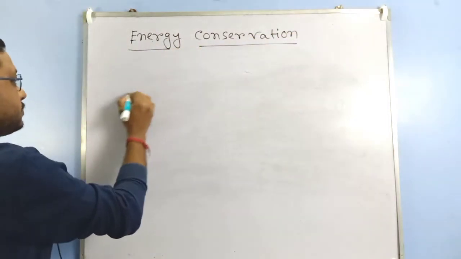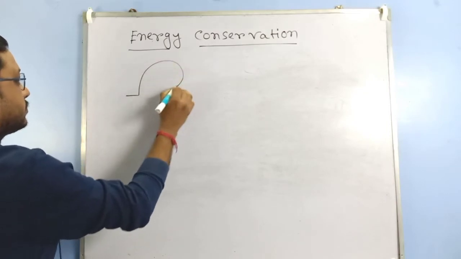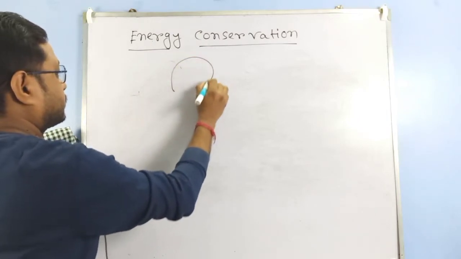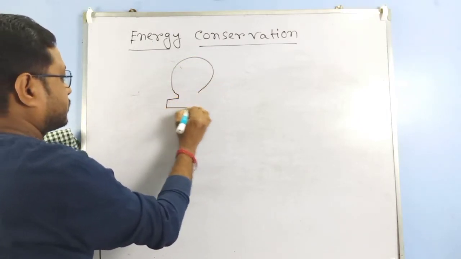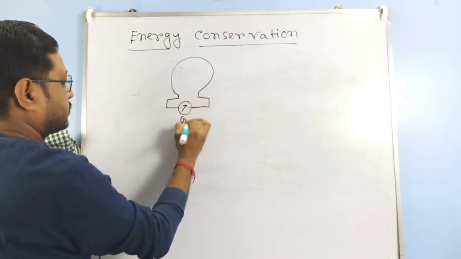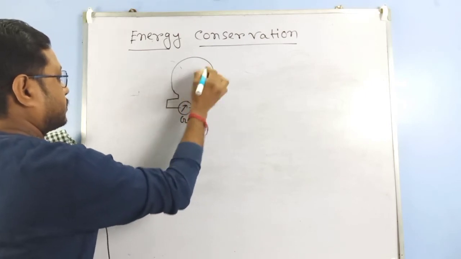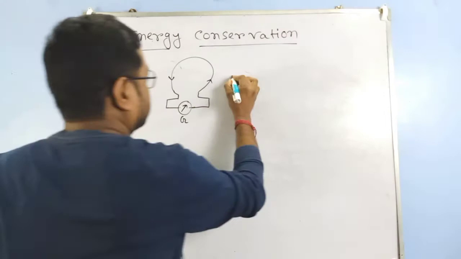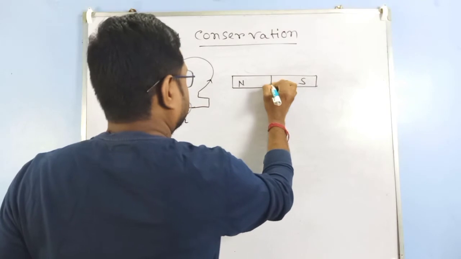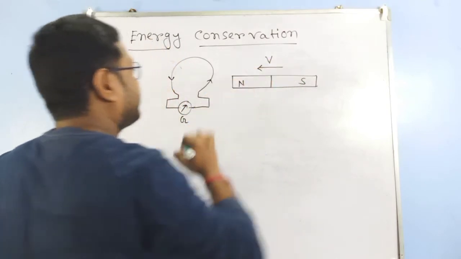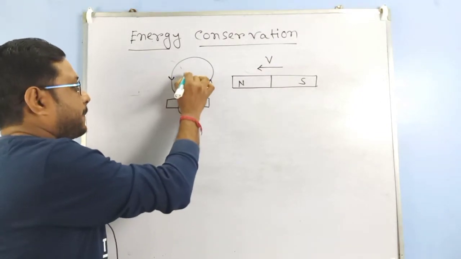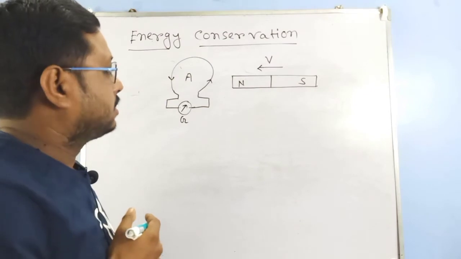Suppose a bar magnet is moving with velocity v towards a circular coil A. Now what will occur?